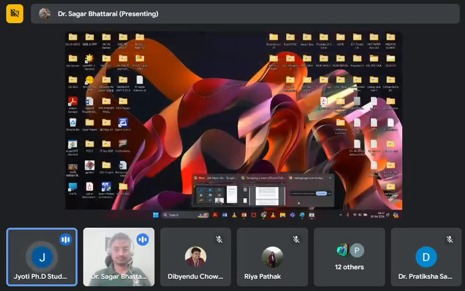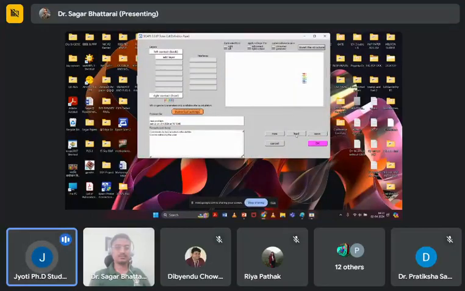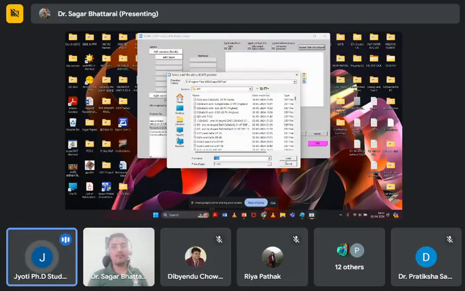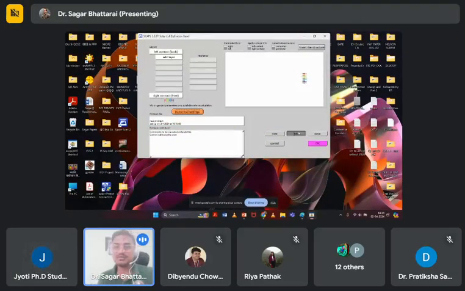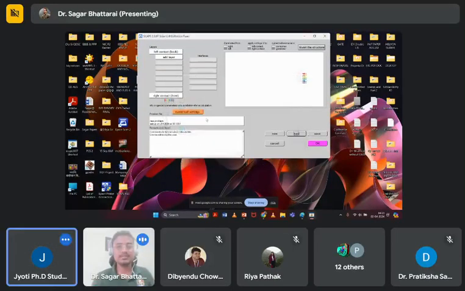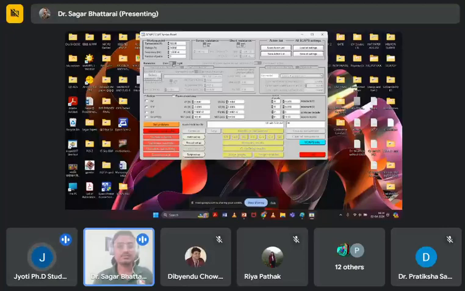Sir, in SCAPS, some absorption file is there. How can we select the proper absorption file for the appropriate simulation? Because we have lots of files in SCAPS for absorption. I have understood.